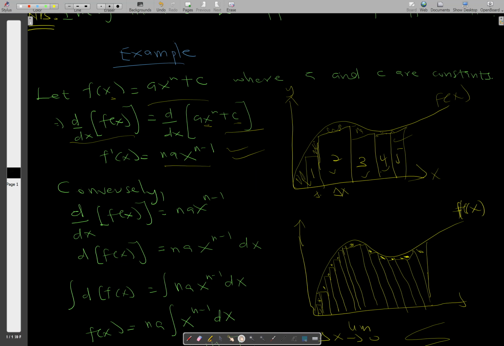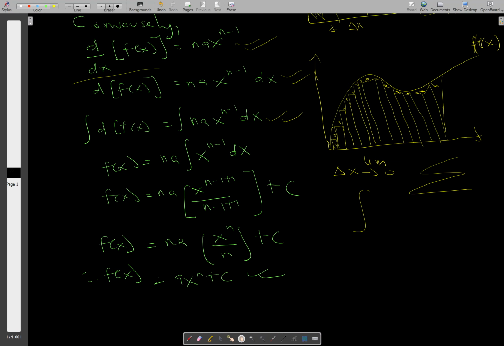Conversely, let's integrate our result. f prime of x can also be written as d dx of f of x, equal to what we have on the right-hand side. Now we can multiply through by dx, and when we do that, we obtain this. Then we integrate both sides.